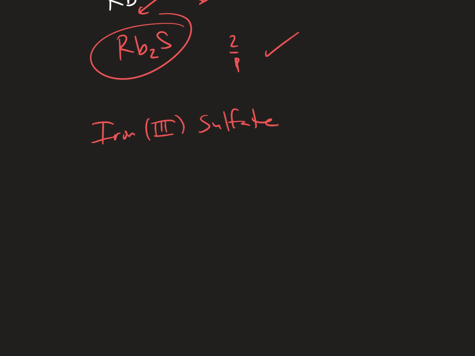Which is ClO4 minus. C, capital C, lowercase l, O, capital O, before the 4, and then 4. That was the minus charge. And then what was that called? Perchlorate. Thank you.